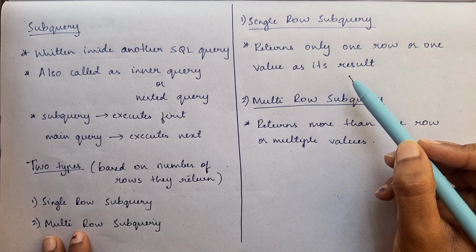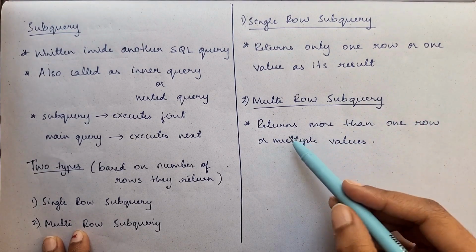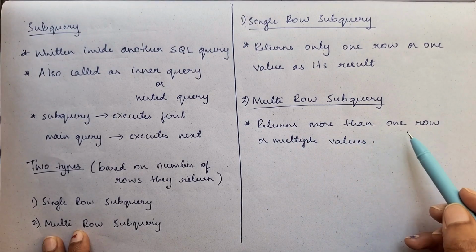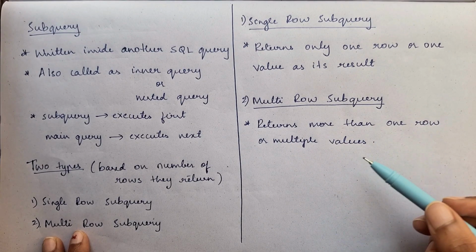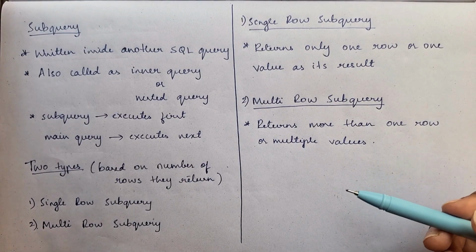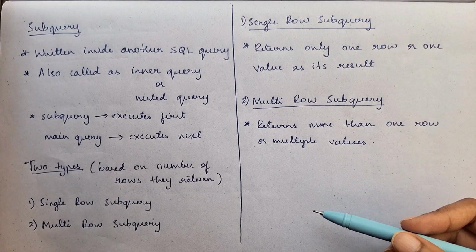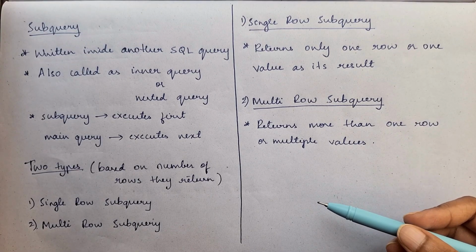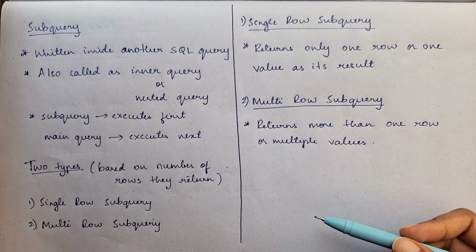The second type is called a multi-row subquery. In this case, the subquery returns more than one row or multiple values. So guys, in simple terms, the classification depends on how many rows the subquery returns. And in this video, we will understand single row subqueries in detail. And in the next part, we will move to multi-row subqueries.